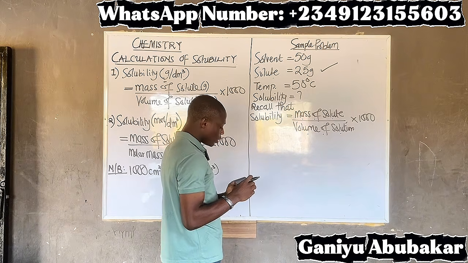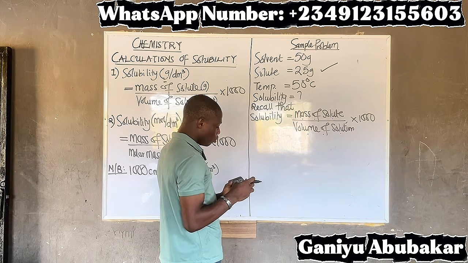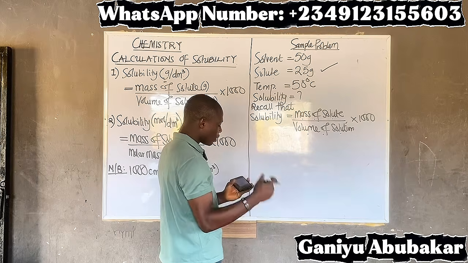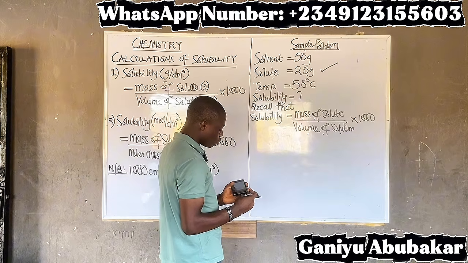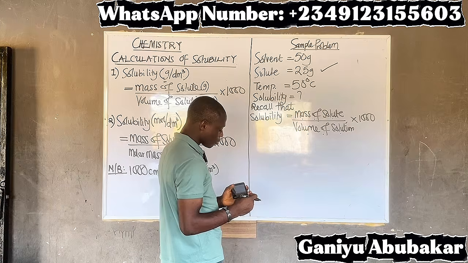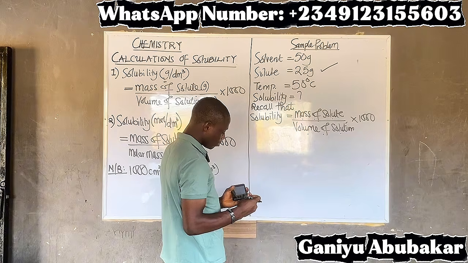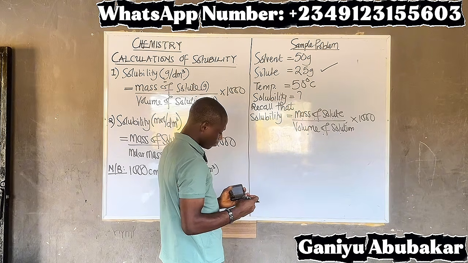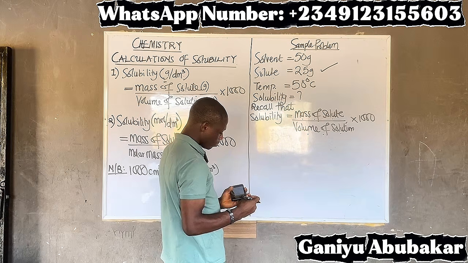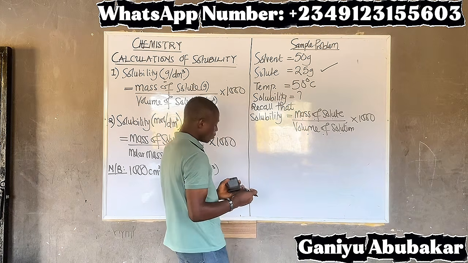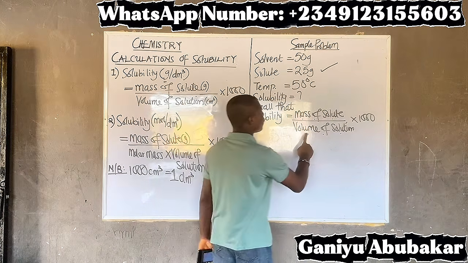So that's what the issue is. The task now is to get volume of solution. So how do we get the volume of solution? Write out the task. All right. So how do you get volume of solution?